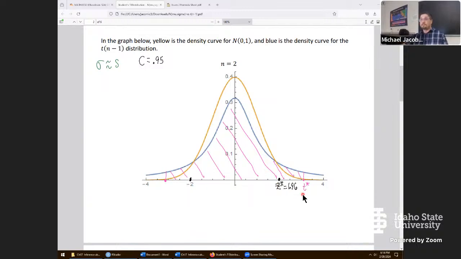Z star and t star go into these locations. The confidence interval is of the form x bar plus or minus the critical number multiplied by a standard deviation or standard error.